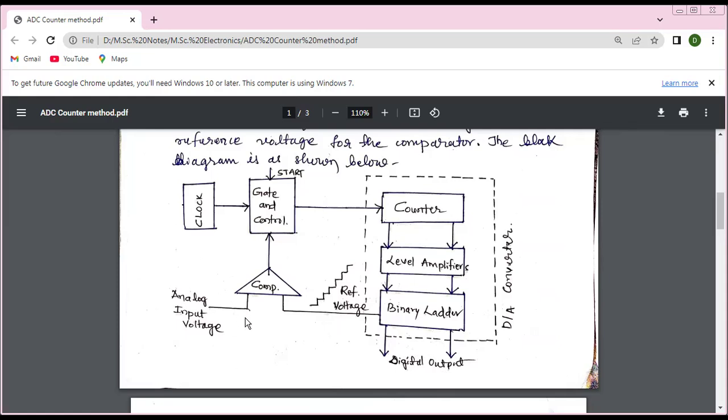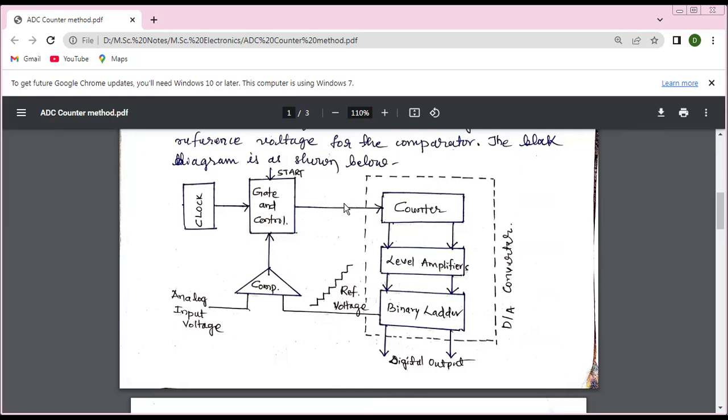And suppose you think that I have applied 3 volts, then what happens? Initially, as I told, here 3 volts is there and here 0 volt is there. The circuit is switched on, and the comparator produces 3 volts, and the control circuit is on, the gate is open, and the clock starts moving in this direction.